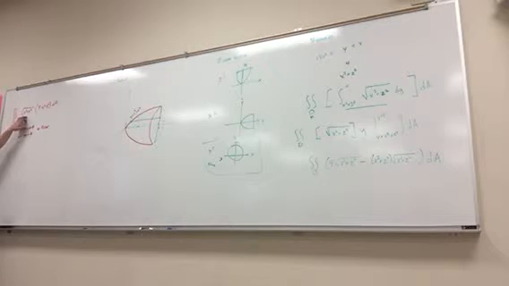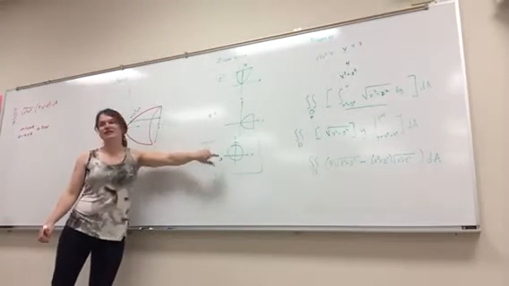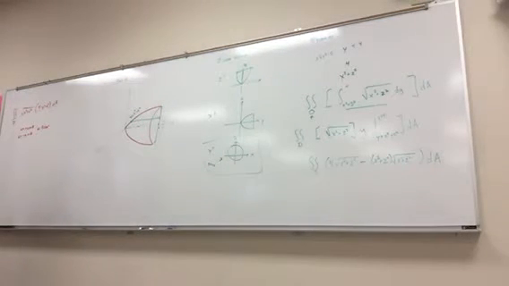I see this squared stuff, I'm thinking it's going to be polar. I see this circle thing, definitely polar. If I'm doing this with respect to polar coordinates, I need to find my bounds. Talk about theta. That circle goes all the way around. What's theta going to be in between?